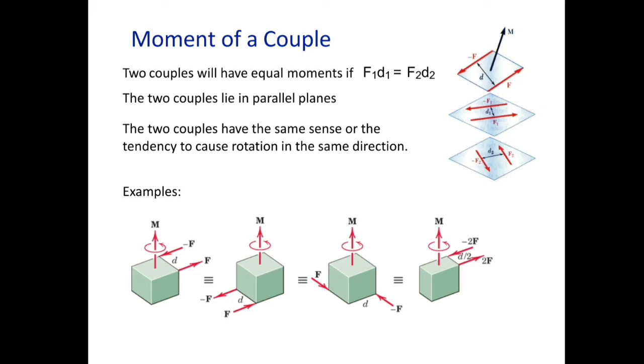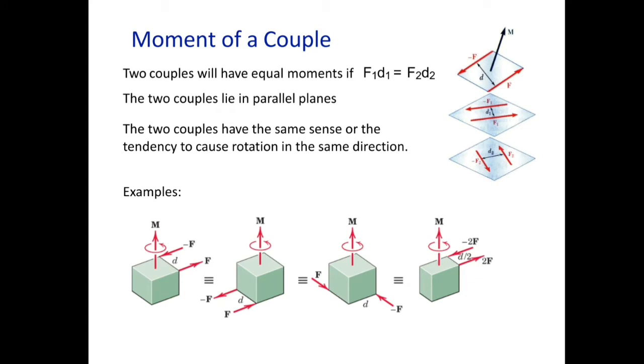So we can say F1 into d1 equals F2 into d2. What is the property? Two couples will have equal moments if F1 into d1 equals F2 into d2. So the moment generation at any origin point will be the same. Now, two couples lying in parallel planes.